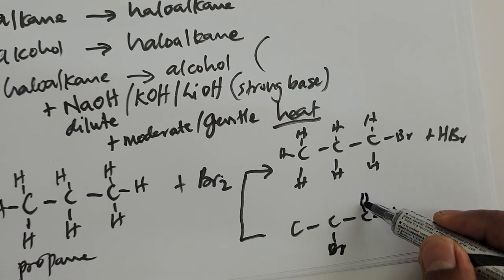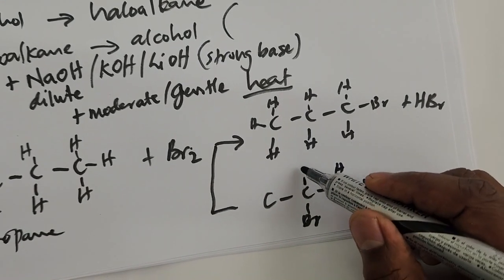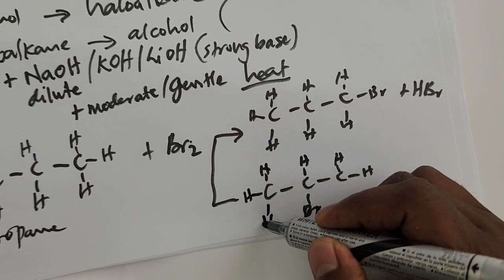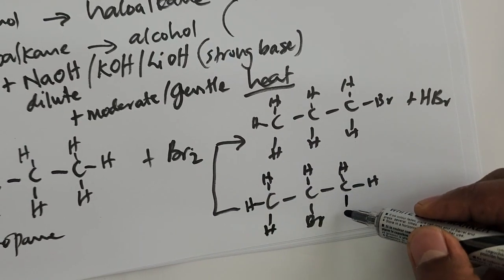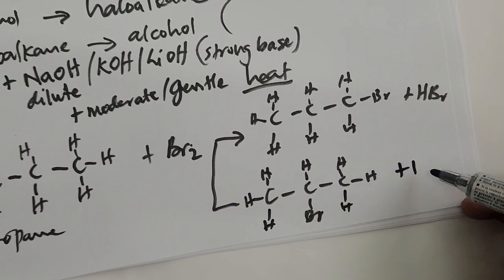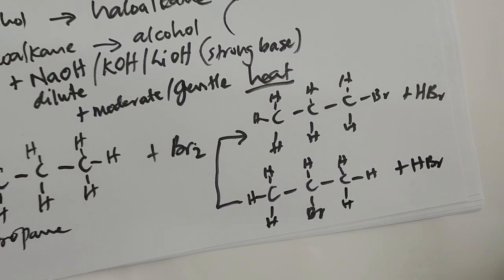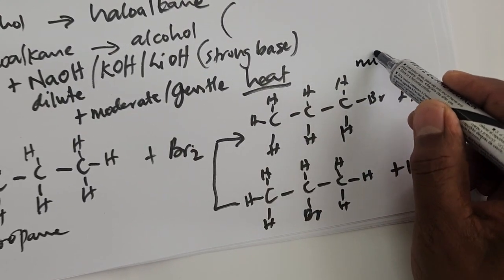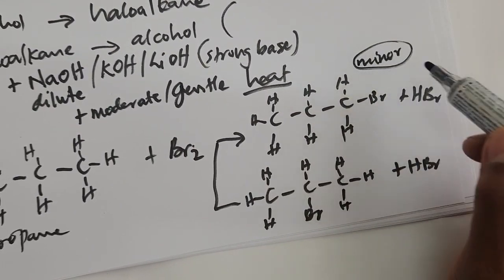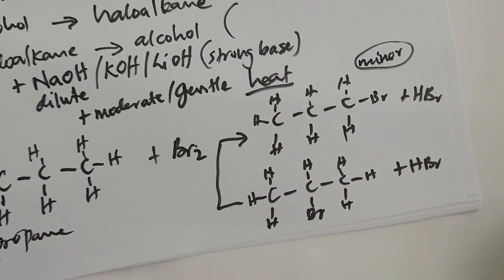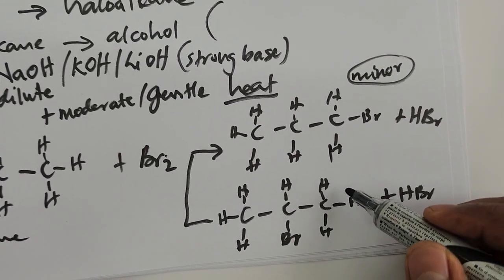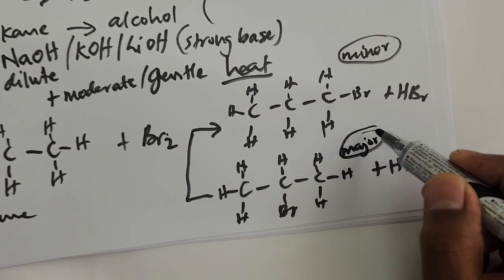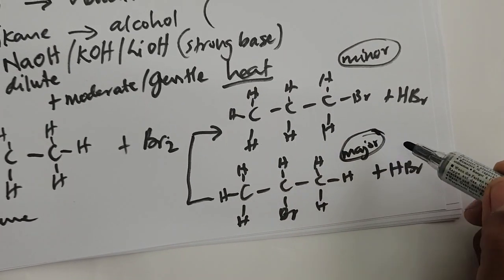I hope you know the IUPAC naming of these two compounds. The first one is a minor product, which is unstable, and the next one is the major product, the stable one.